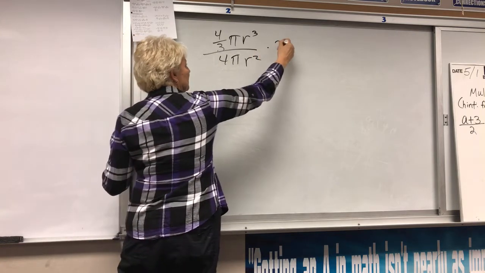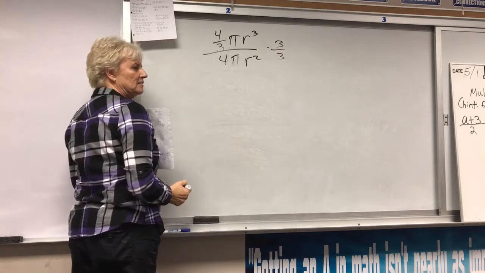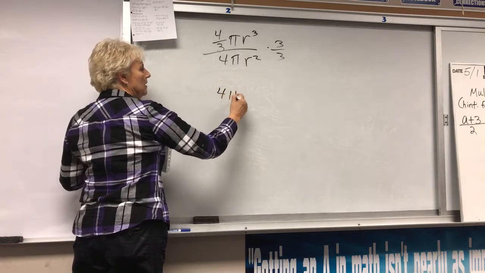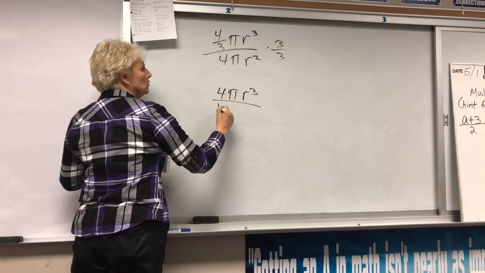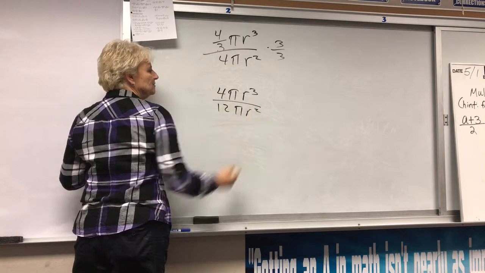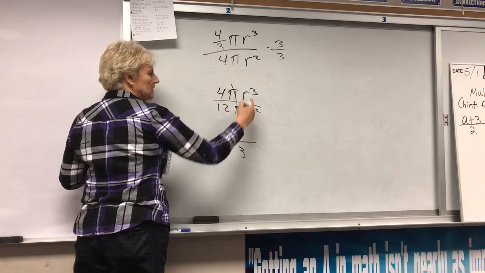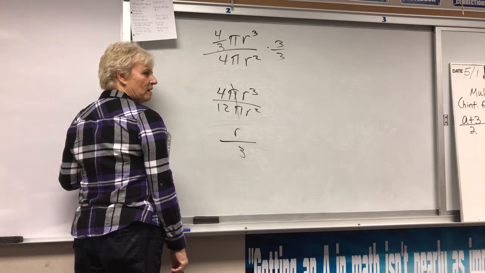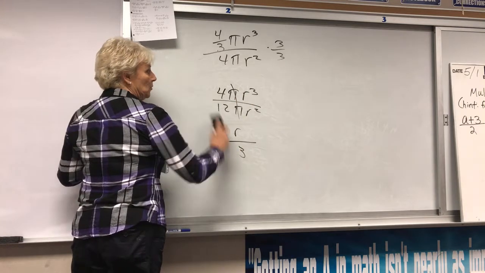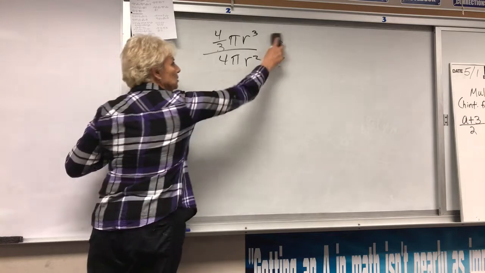I multiplied by 3 over 3 and got rid of the fraction, which gave me 4 pi r cubed over 12 pi r squared. That's 1/3. That's gone, and you got an r on top. Another way of doing it is to treat it like a division problem.